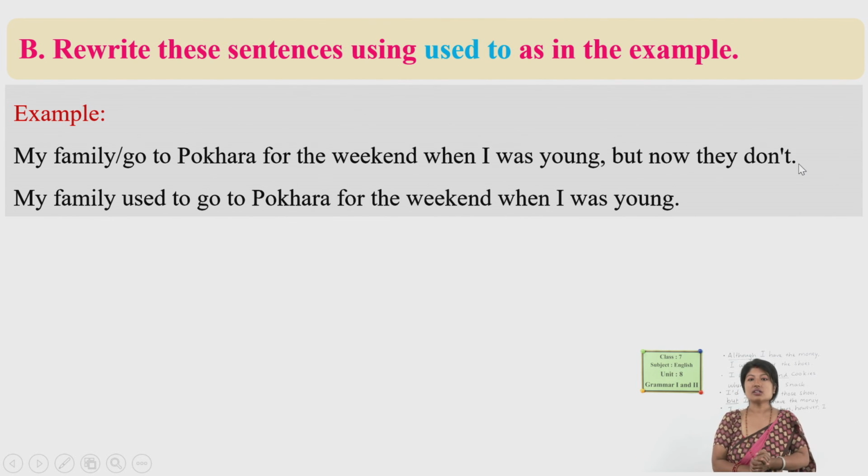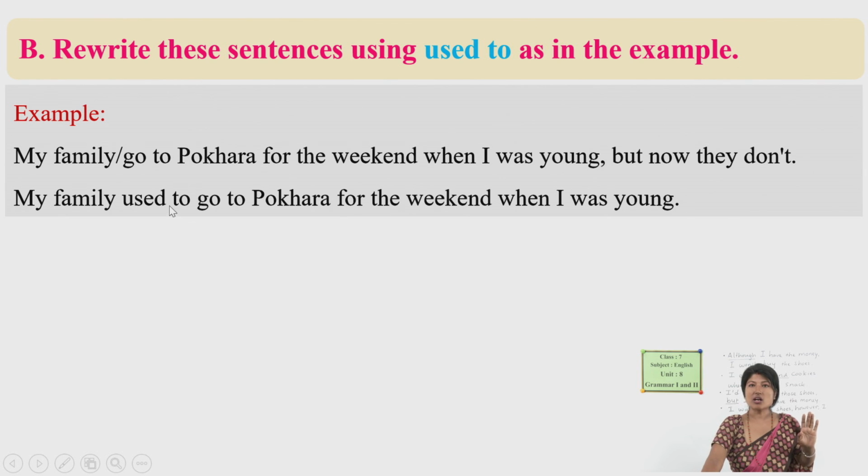See, look at this example. My family go to Pokhara. Now this should be rewritten like this. My family used to go to Pokhara for the weekend when I was young. They don't now. Used to go means not in the present, in the past.